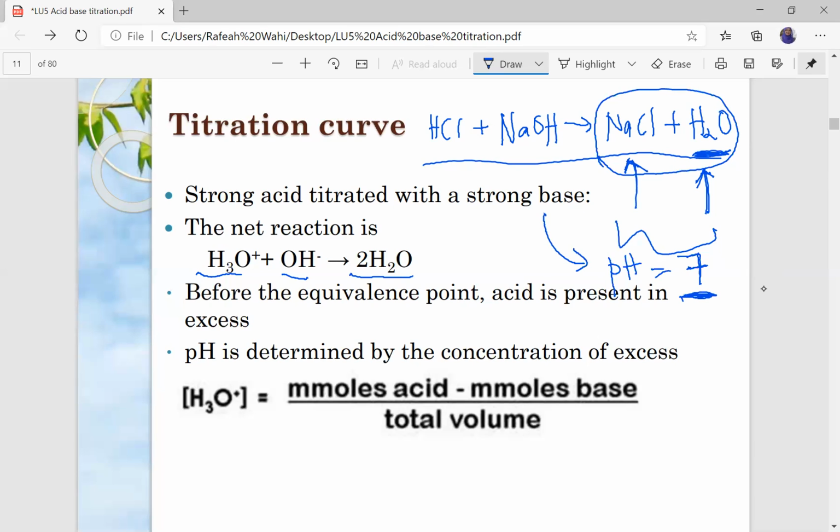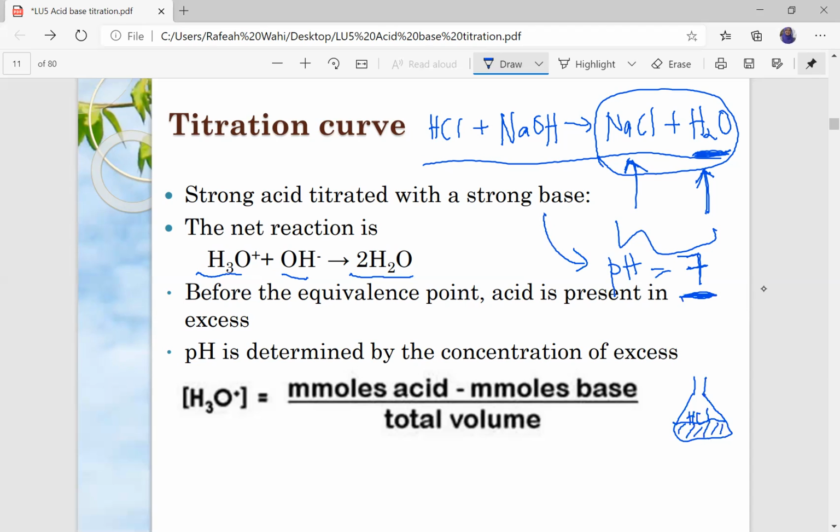All right. So what happens before the equivalence point? Before the equivalence point, acid is present in excess. How do we know this? This is because the analyte is the acid, which is HCl just now. This is just an example. You can use another acid. Let's say we have the analyte in the conical flask. Before any titration happens, it is solely HCl.